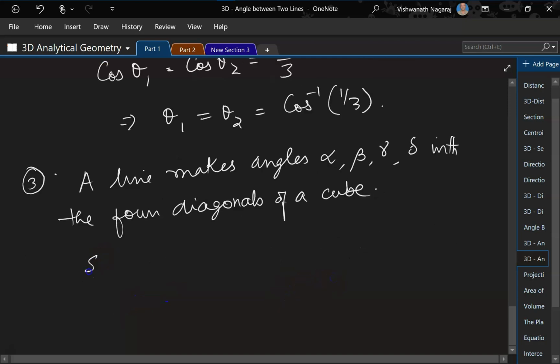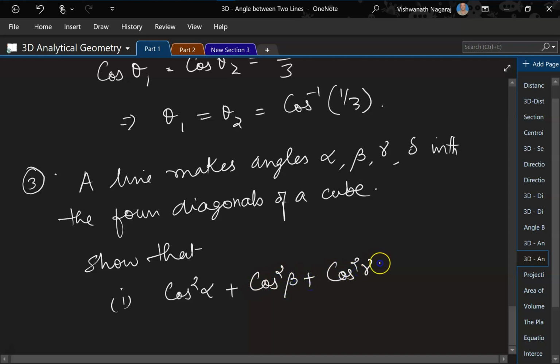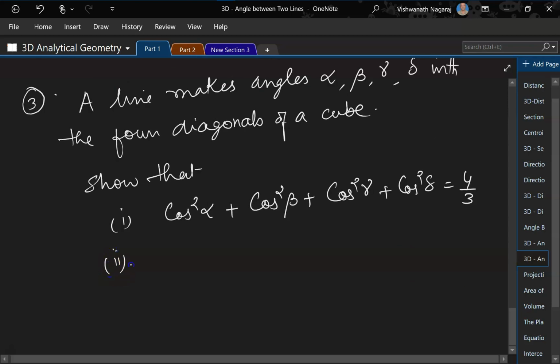Now what we have to do is show that the sum of cos square alpha plus cos square beta plus cos square gamma plus cos square delta is equal to 4 by 3, and we also have to show that the summation of sine square alpha, which is a short form of writing sine square alpha plus sine square beta plus sine square gamma plus sine square delta, is equal to 8 by 3.